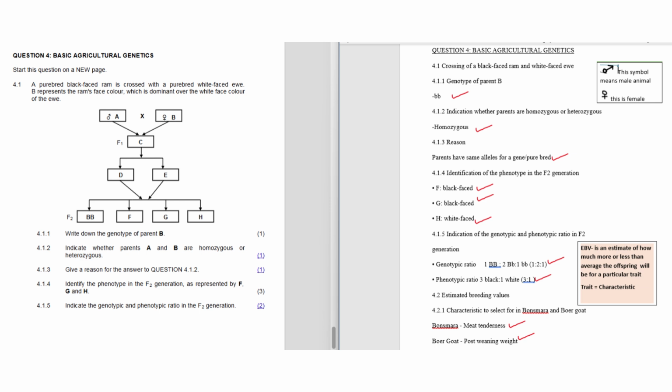Question 1.4: identify the phenotype in the F2 generation represented by F, G, and H. To find this, I have a black ram times a white ewe.